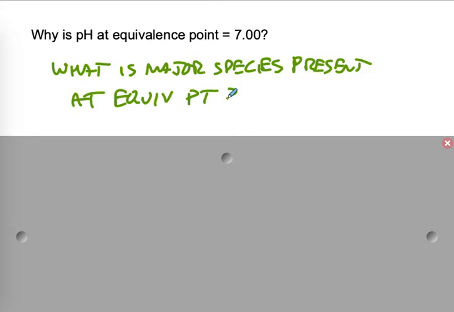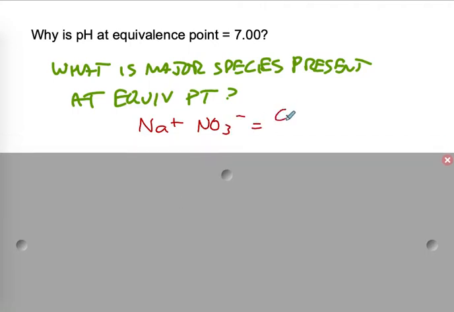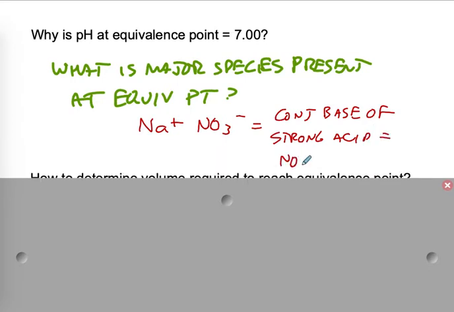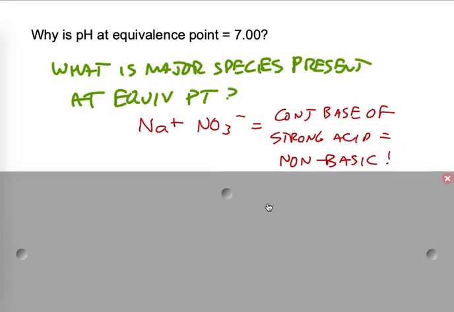Well, in this case, the two major species present are the sodium cation and the nitrate anion. Well, as we know, nitrate is the conjugate base of a strong acid, which means that it is non-basic. So of course we have a neutral solution.